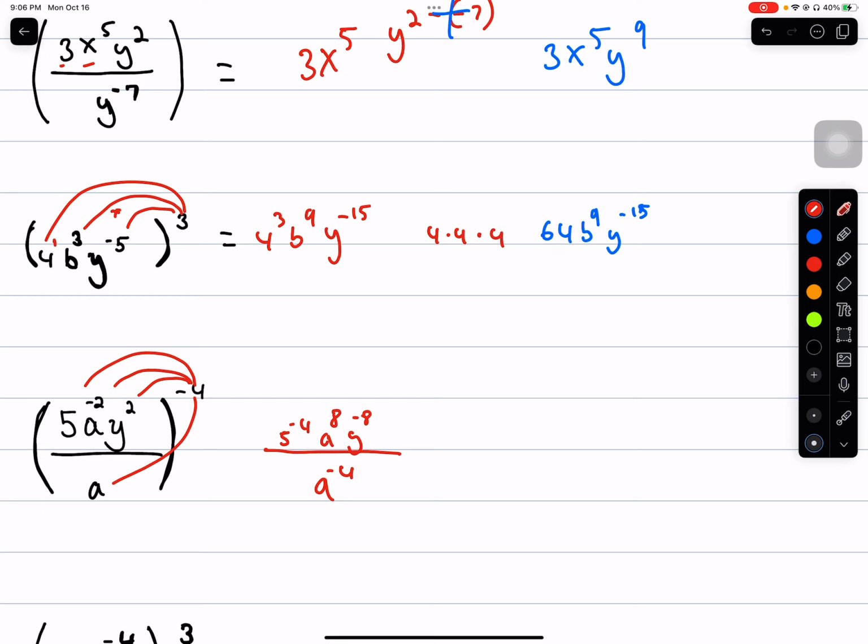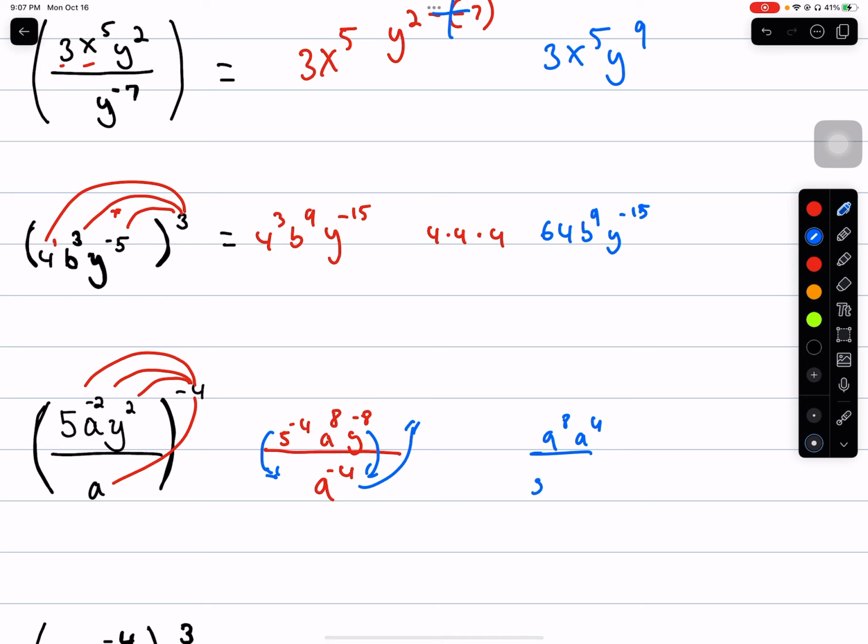All right. Now for this part, in order to make the exponents positive, we're just going to switch their places. All right, so if it goes in the bottom, it goes to the top. All right, because we don't want to have negative exponents. So you have a to the 8, a to the 4, because we moved that negative 4 to the top.